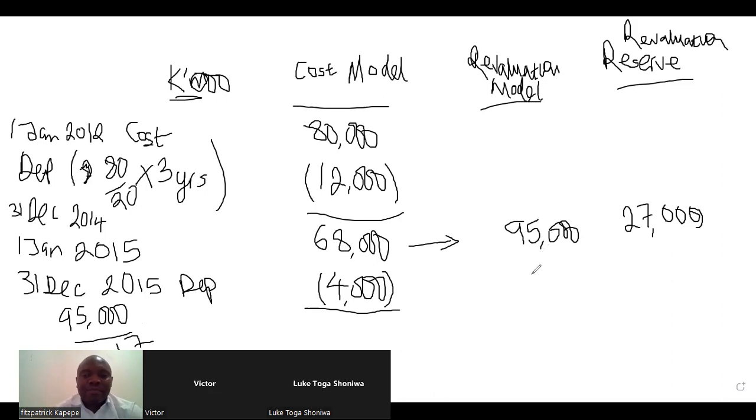How much do you get there? 5,588,235, or I'll round it off to 5,588.